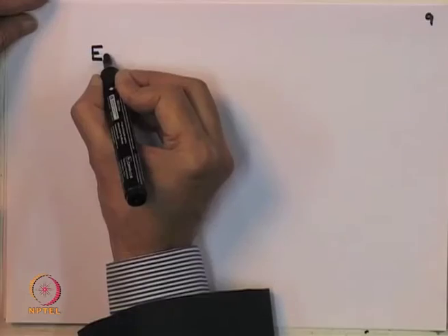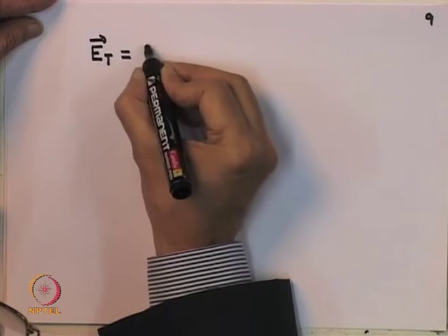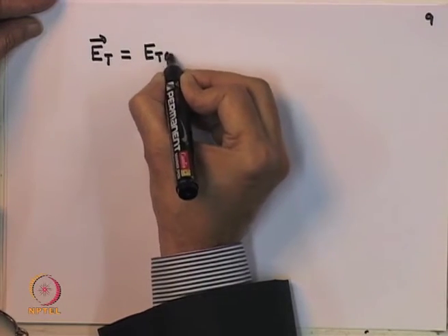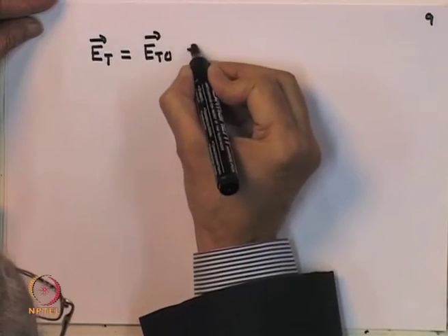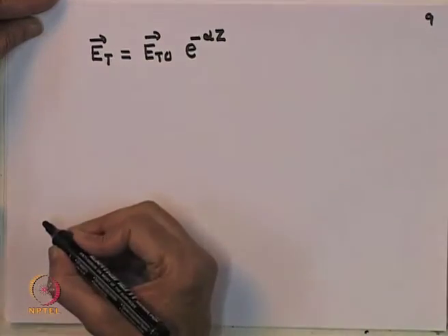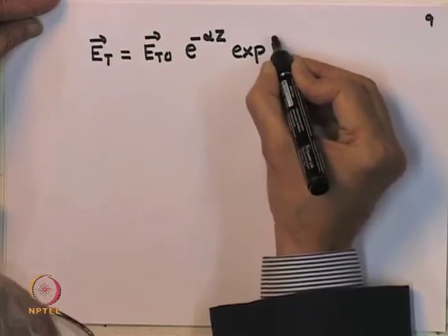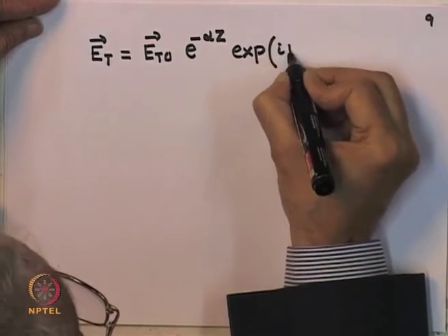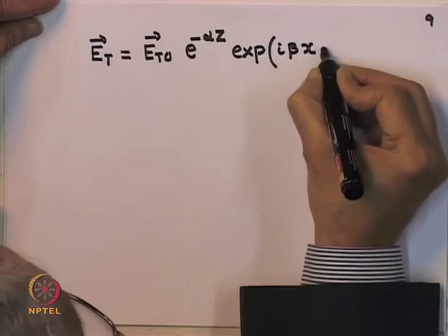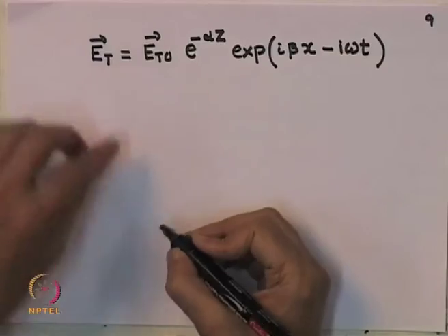We have seen that for this case E_t is given by E_t0, the amplitude, there is an amplitude decay factor e to the power minus αz, then a propagation along the surface which is exponential i(βx − ωt). This is my E_t.